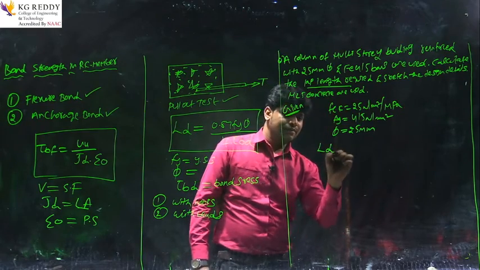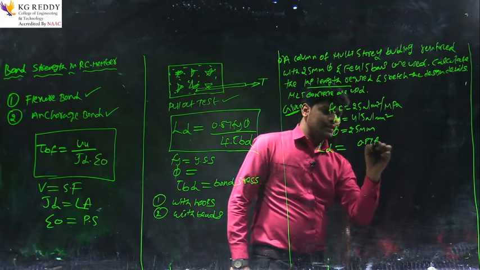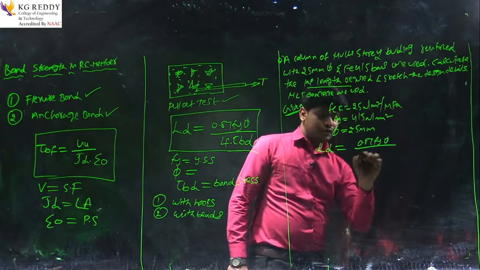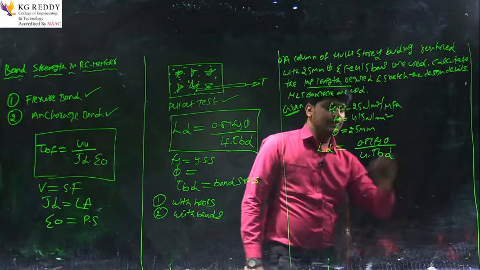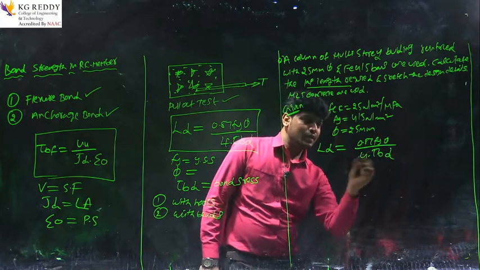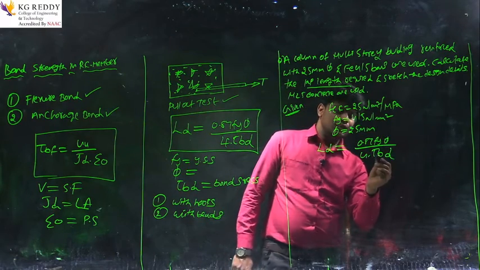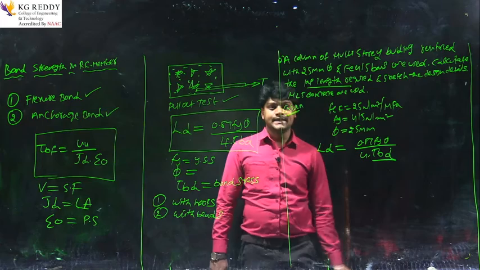So what is the formula for lap length? Development length Ld equals 0.87 fy times phi divided by 4 times tau_bd. Here you know the fy value, 415, and phi, 25 mm, but you don't know tau_bd.